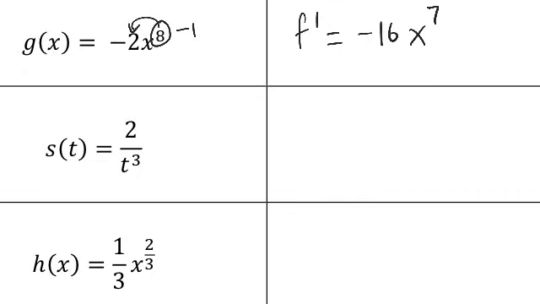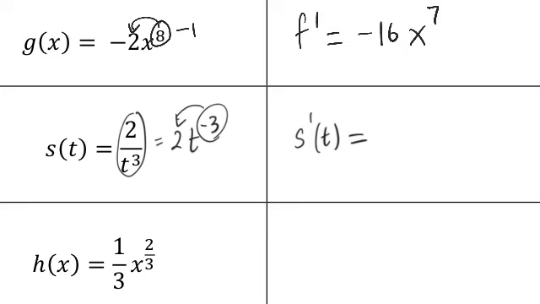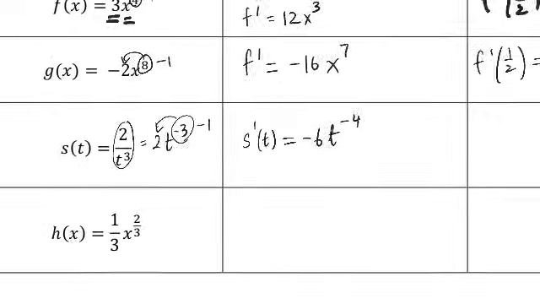Next one right here, we have to first think of this as 2t to the negative third, and then s prime of t will be equal to negative 6, negative 3 times 2, t to the negative 3 minus 1, or negative 4.